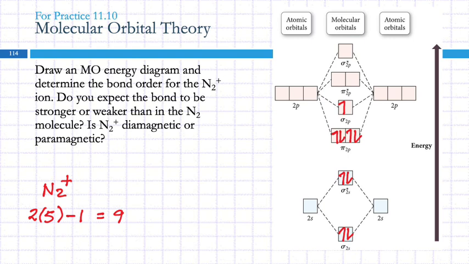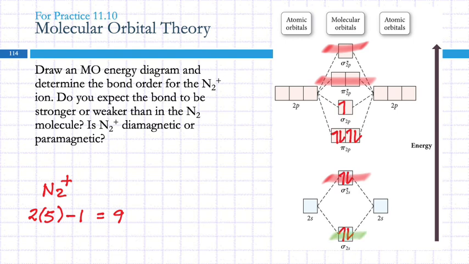And if you've got 2 that are at the same level, they're going to have their own orbital, and then they'll have to pair up before you can go up to the next level. So, bond order. We're looking at antibonding and bonding electrons. So that's an antibonding orbital, as is this one and this one.